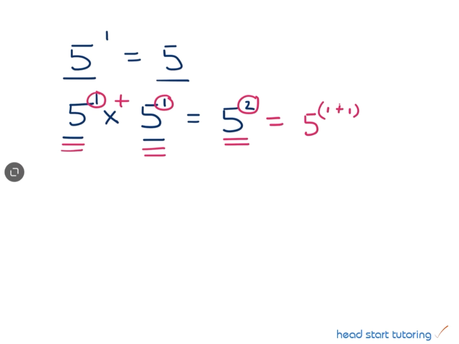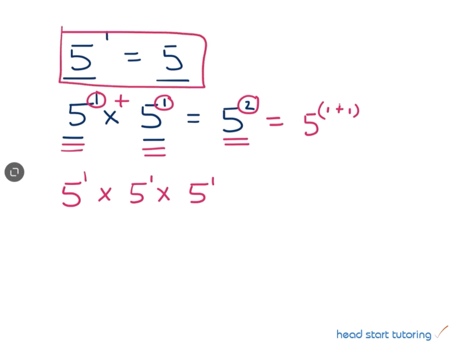If we have a look at 5 times 5 times 5, we need to again put those numbers to the power of 1, because as you can see here, that doesn't change the value of the number. Putting a number to the power of 1 means the same thing as writing your number without the power of 1. So that doesn't actually change the value of your number.